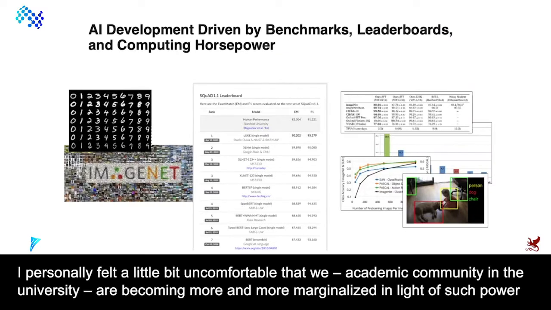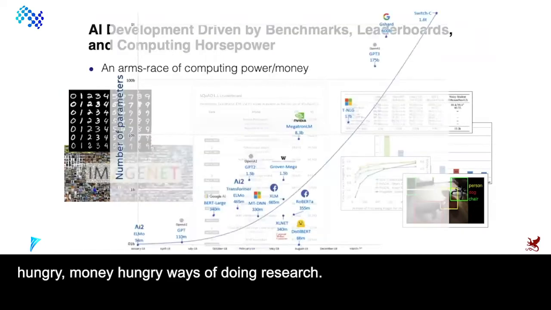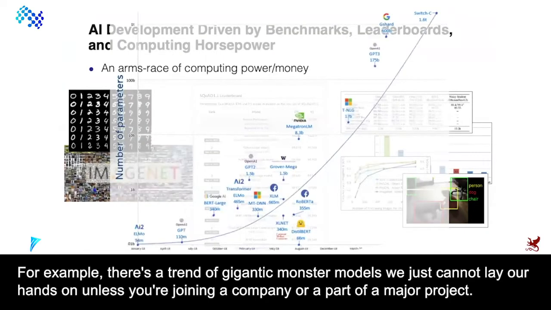I personally felt a little bit uncomfortable that we, the academic community in the university, are becoming more and more marginalized in light of such a power-hungry, money-hungry way of doing research. For example, this trend of gigantic monster models. We just cannot lay our hands on them unless you join a company, be part of a major project.